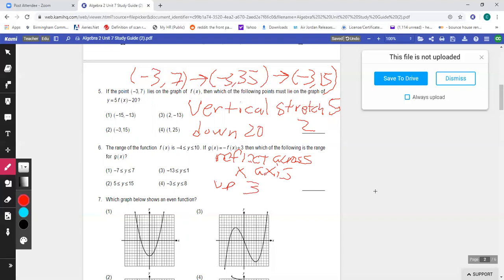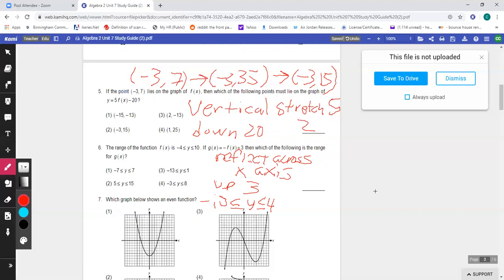Okay. So that means my y value is switching signs. That's what reflecting across the x-axis means. The y value changes signs. And then we go up 3. So if this goes from -4 to 10, if I'm going to reflect this, then I'm now going from -10 to 4.